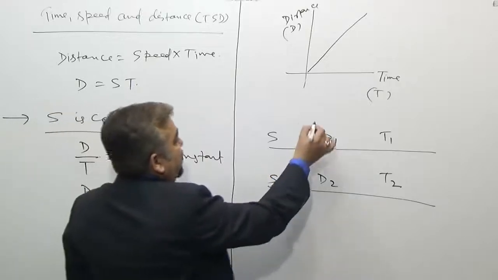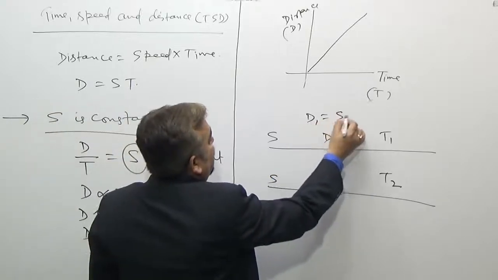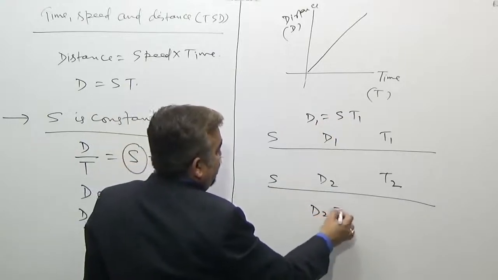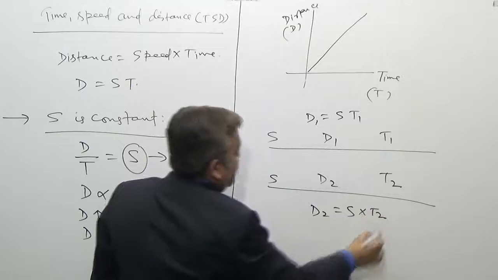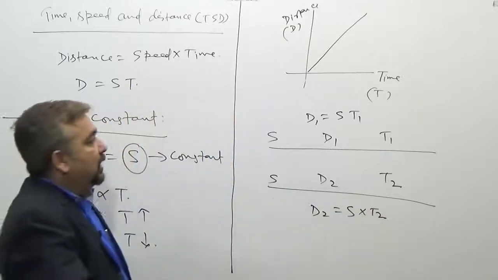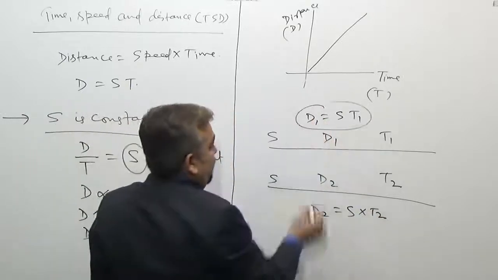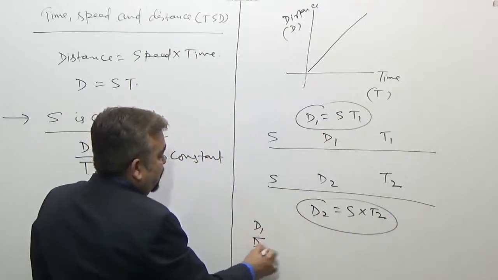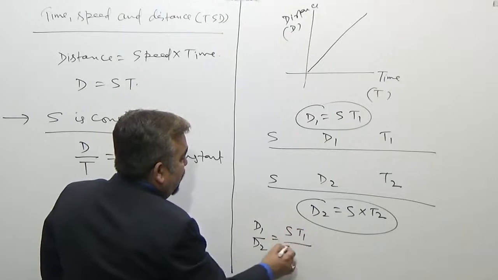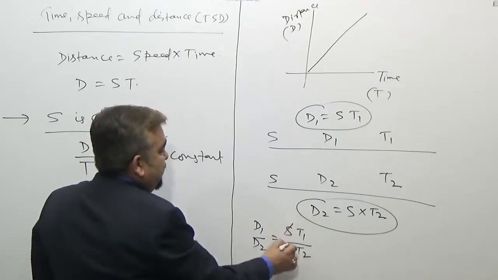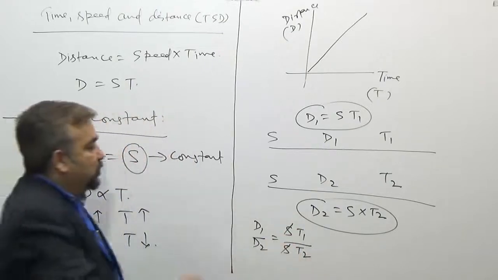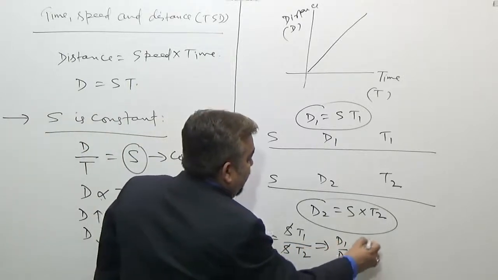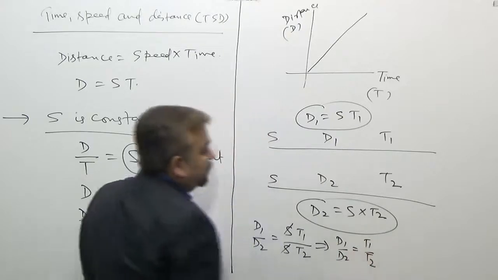From this, our basic equation is D1 equal to S into T1, and D2 equal to S into T2. Divide this relation by this relation. So we have D1 by D2 equal to S into T1 by S into T2. S and S cancel. So we have D1 by D2 equal to T1 by T2.